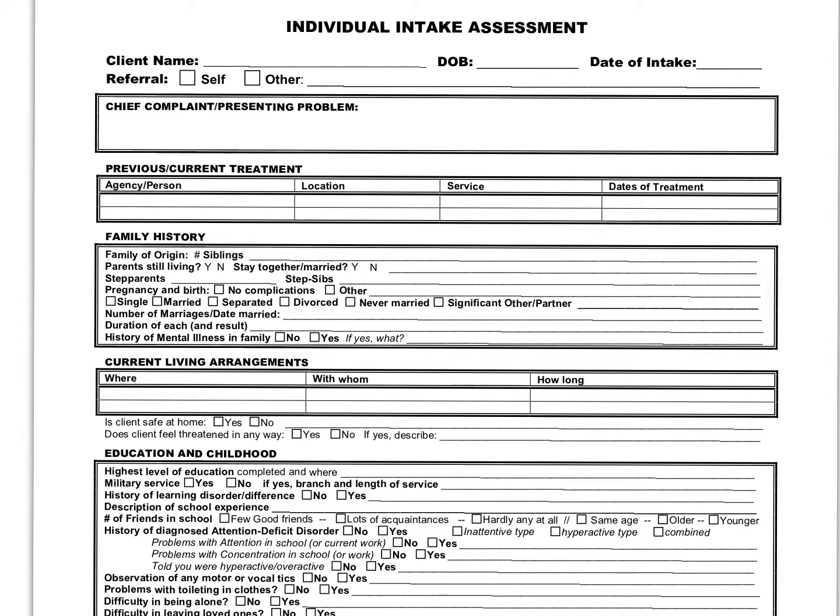Because lots of times there's history of bipolar, for example. Nobody ever mentions bipolar, but there's lots of things that have happened, bizarre behavior, whatever the case is, that everybody's aware of, but they just don't put a label on it. So inquire, just in general, what did you hear about this relative? What were they doing?